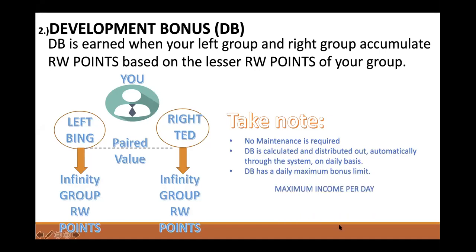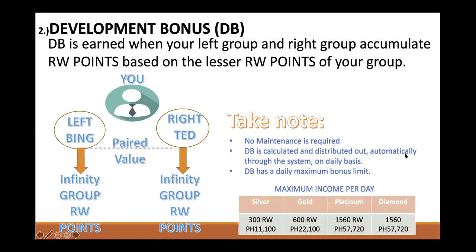Maximum income per day: if you're a silver, your income maximum is 300 RW. Gold, 600 RW, meaning pairing bonus. Platinum, 1560. Diamond, 1560. That means one single unit, your income can be 57,720 pesos per day.